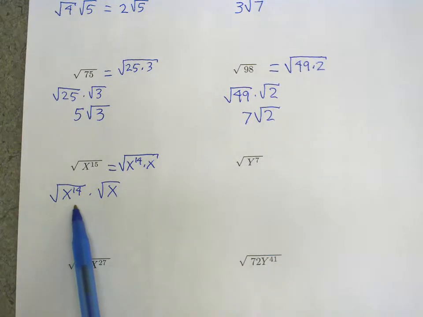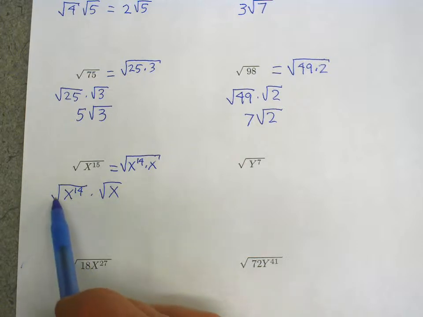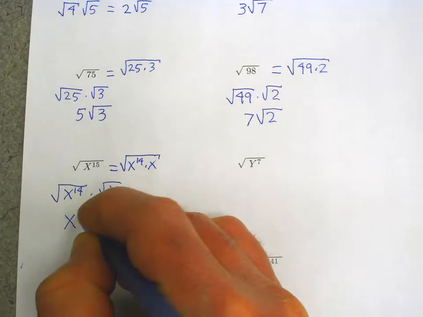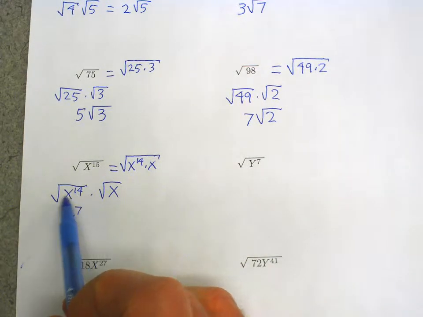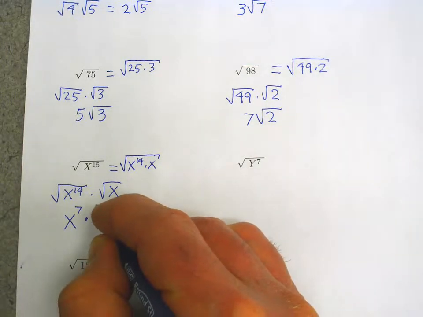And the square root of x to the 14th, remember the index of a square root is 2. So to simplify the square root of x to the 14th, we write x to the 7th because 14 divided by 2 is 7. And then we multiply x to the 7th times the square root of x.